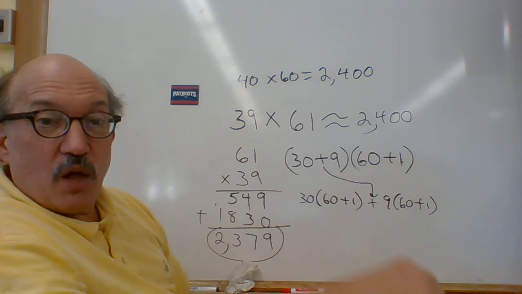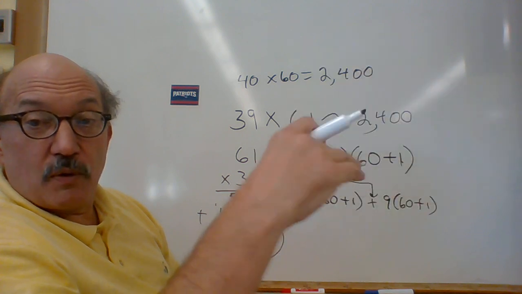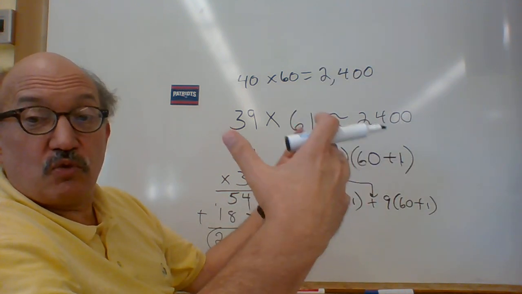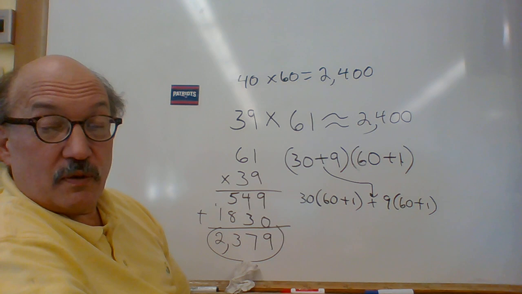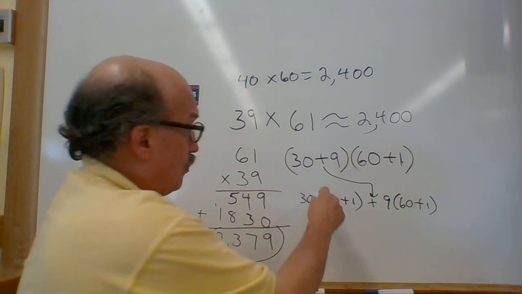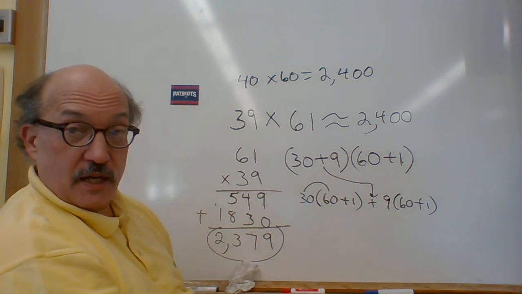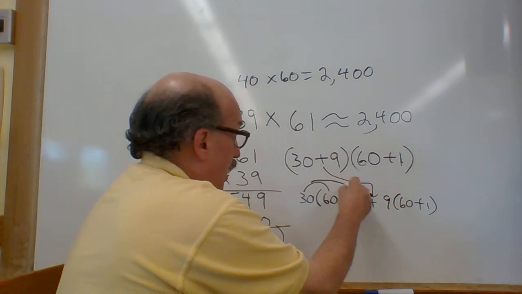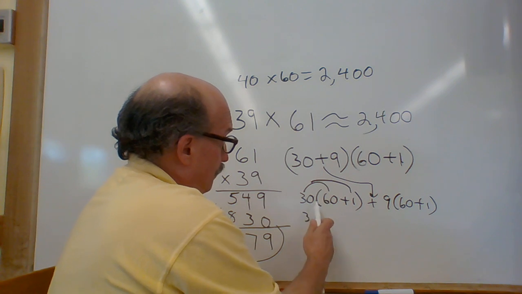When you're multiplying a two-digit number by a two-digit number, I call it the super distributive property, because the distributive property really appears 3 times. We've just done 1, and now here are 2 more. 30 times 60 plus 30 times 1, right?